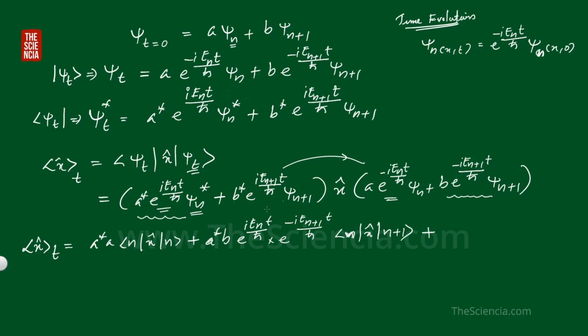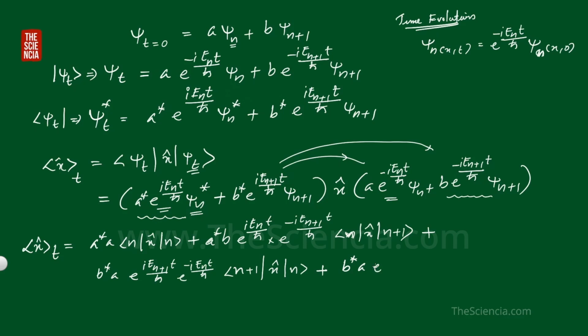Plus, now we take this combination, that is b* a e^(iE_(n+1) t/ħ) into e^(-iE_n t/ħ), bra n+1 x cap ket n, plus the last type, that is b* b e^(iE_(n+1) t/ħ) e^(-iE_(n+1) t/ħ).